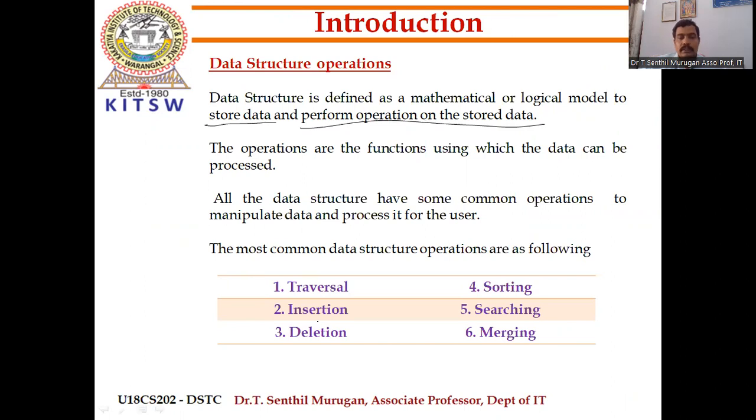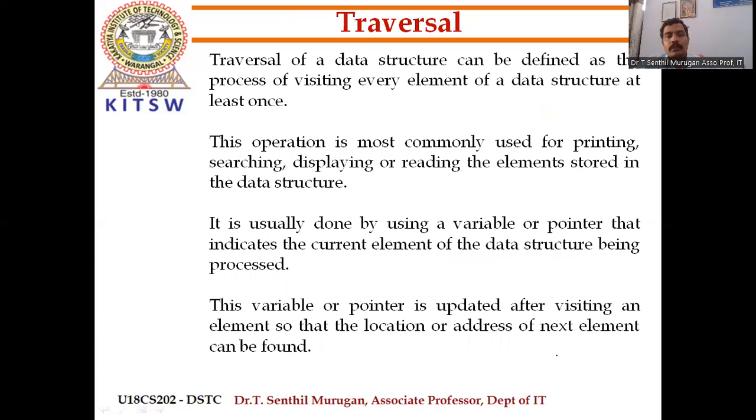So the common operations are traversal, insertion, deletion, sorting, searching, merging, and copying. So the 7 basic operations on data structures, we will discuss one by one in this video. First one, traversal.